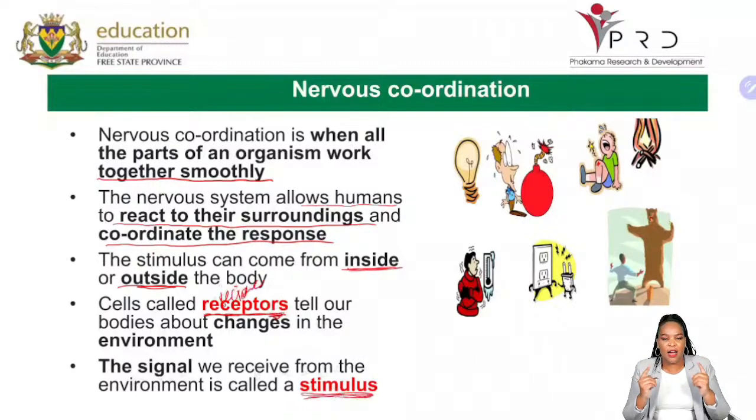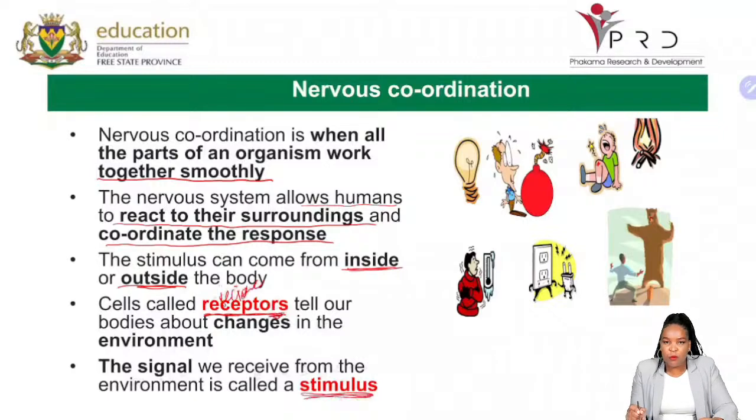It's going to signal our body to say something is going wrong. Then on the outside, when something is going wrong again, your body is going to detect that when you come across or when you are in contact with what is posing danger to your body. Then the stimulus is that particular signal that you get from the environment.